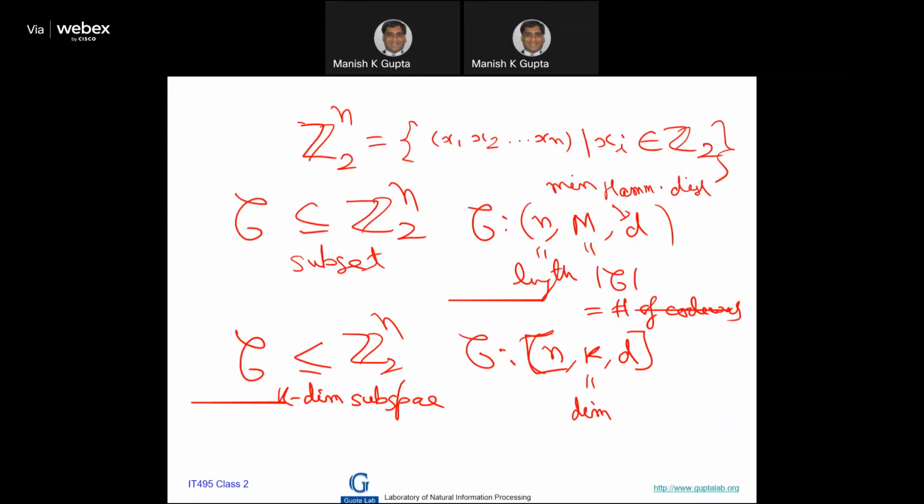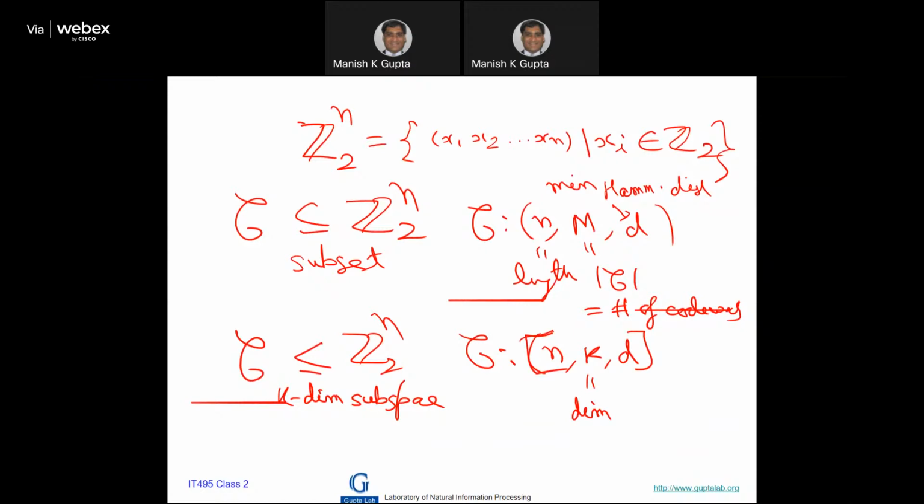So we describe this code C by length n, k the dimension of the space, and d the minimum Hamming distance, right? For example, C equal to {000, 111} is a (3, 1, 3) code. 3 is the length, 1 is the dimension because there is only one vector in the basis, and d is 3 here, right, in that case.